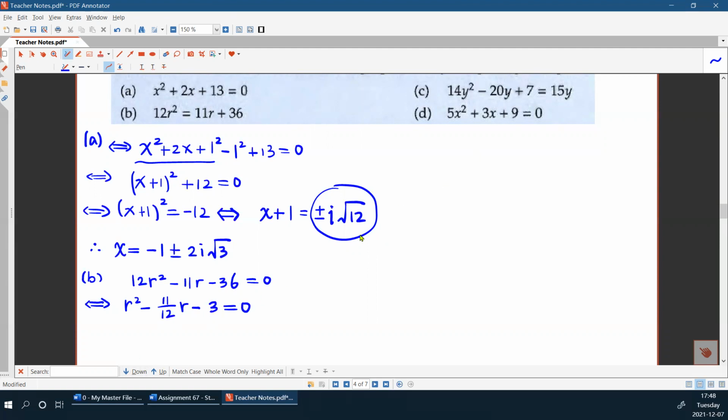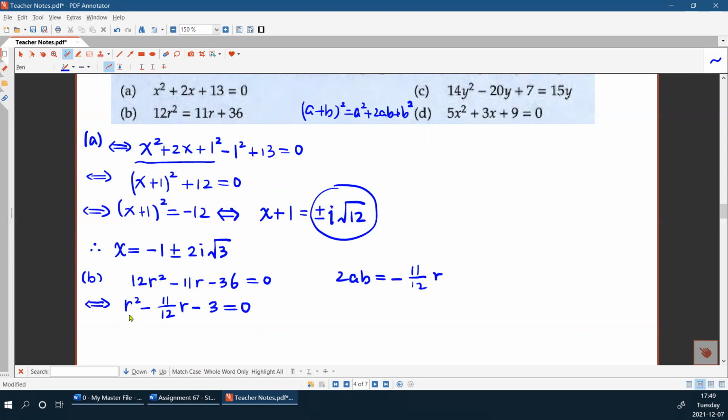And then again, you need to use this formula: a plus b squared is a squared plus 2ab plus b squared. So apparently here, minus 11 over 12 r is our 2ab, right? So 2ab is minus 11 over 12 r.